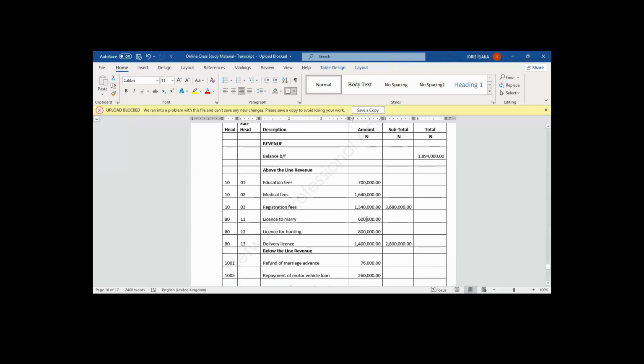At the end of the day, you add the sum total of 80. It's going to give you 2,800,000.